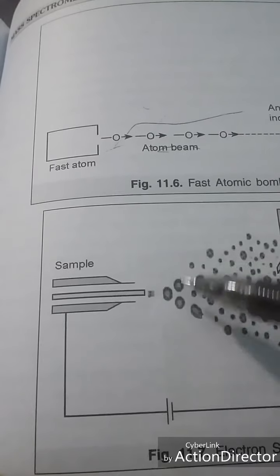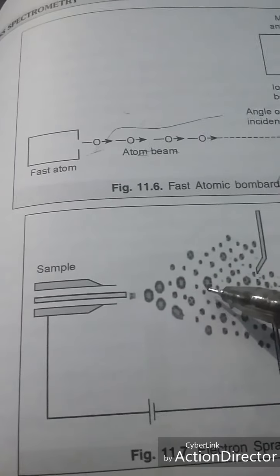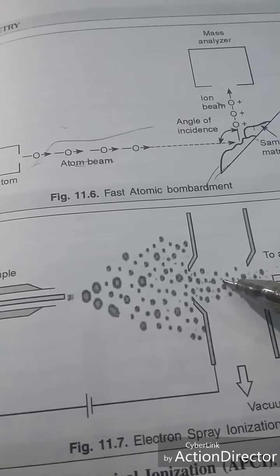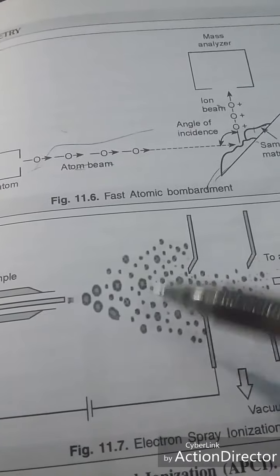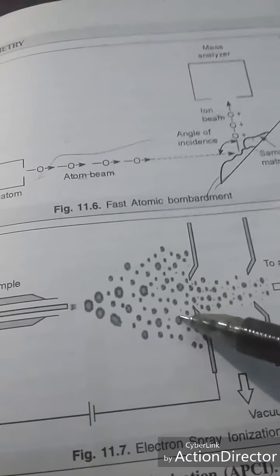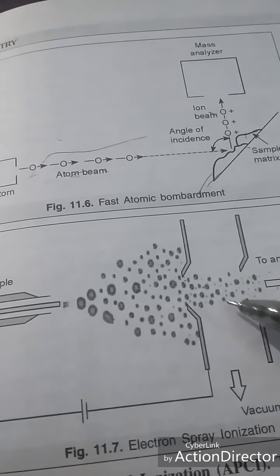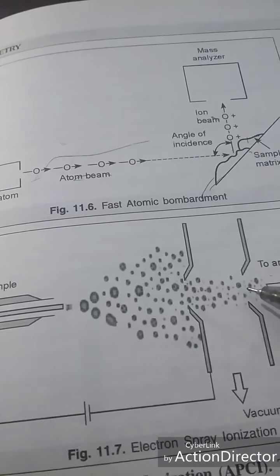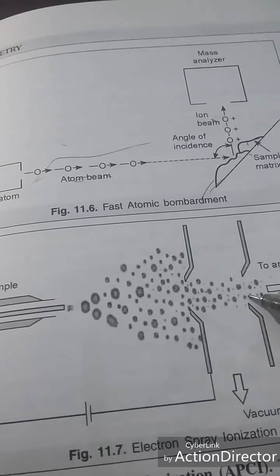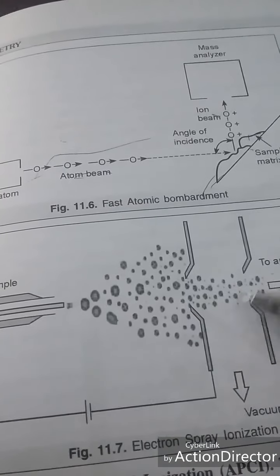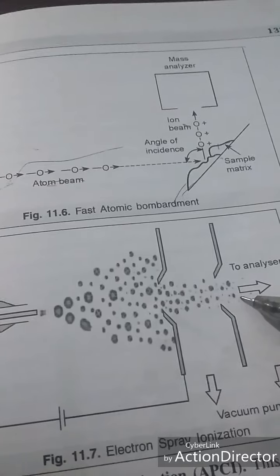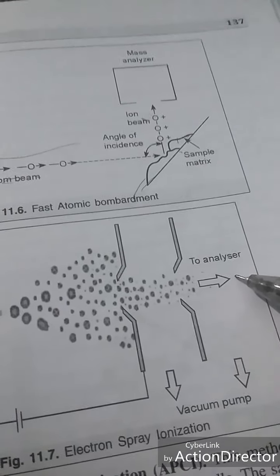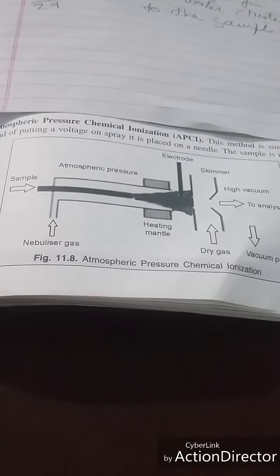Initially the droplets are of larger size, but as they move towards the electrode, they start shrinking because the solvent is evaporating, until the droplet breaks into smaller droplets, and finally all the solvent is evaporated and charge is passed onto the analyte. That results in fragmentation, and finally it goes to the mass analyzer.